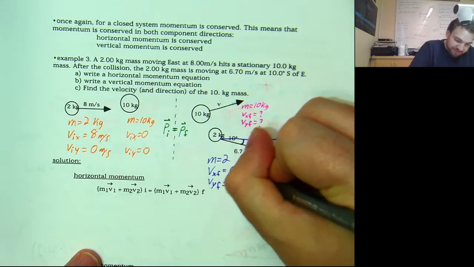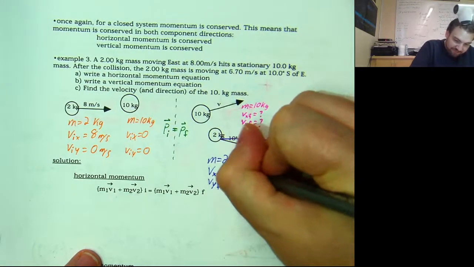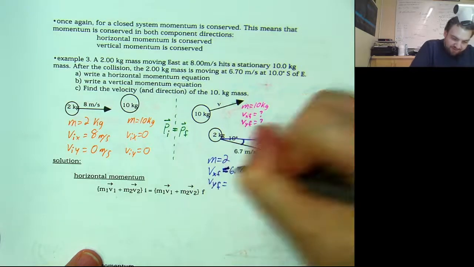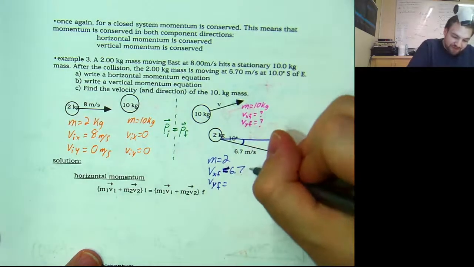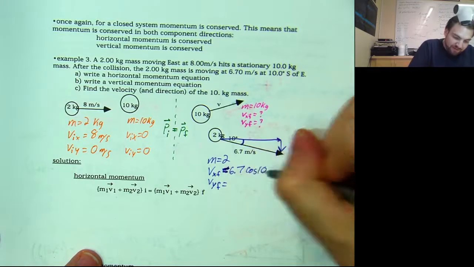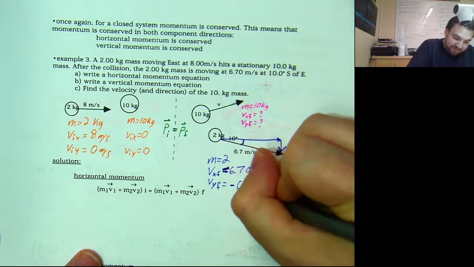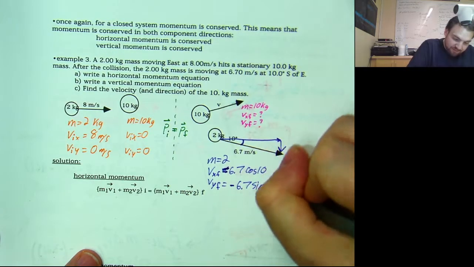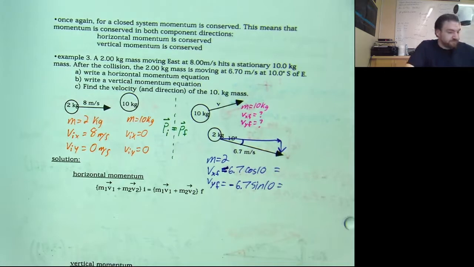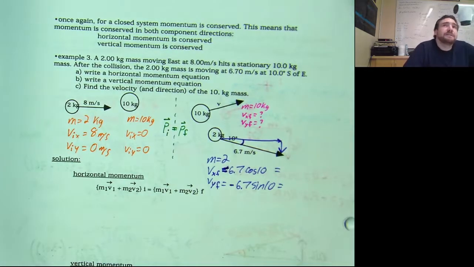This is going to be 6.7. It's going to be negative. No, it's going to be positive. The x is still positive: 6.7 cos 10. The y, though, is going to be explicitly negative: 6.7 sine 10. So those values are what?